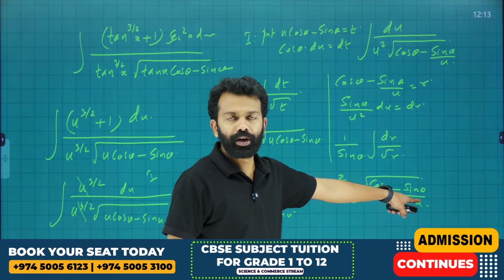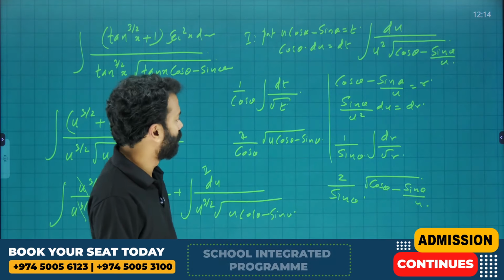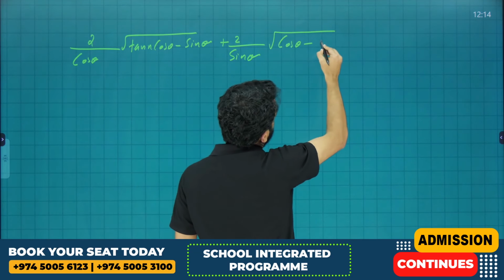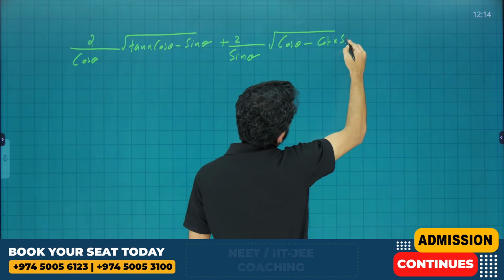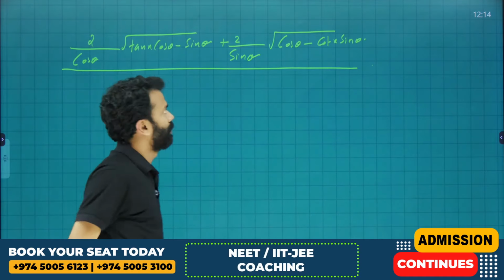What is u? Tan x, and what is 1 by u? Cot x. Therefore, it will be root of cos theta minus cot x sin theta. Okay, this is the final result of that one.